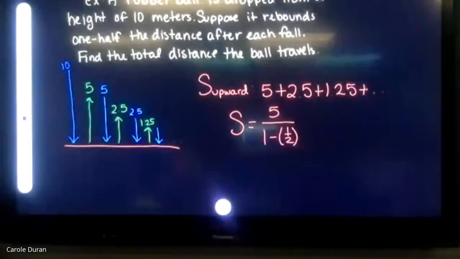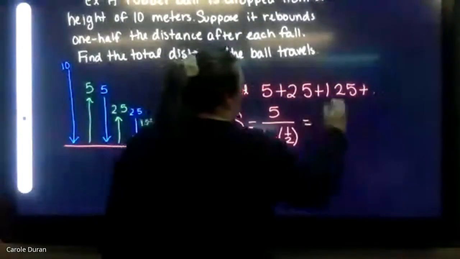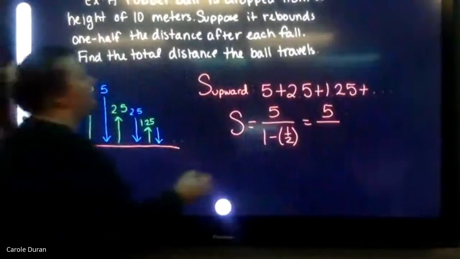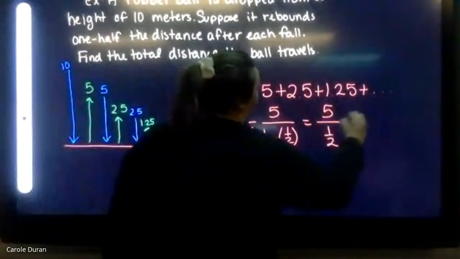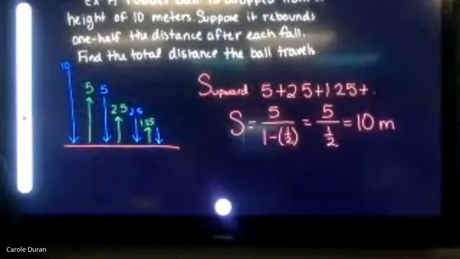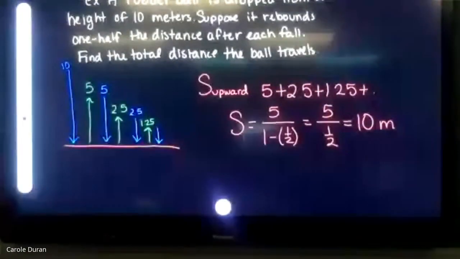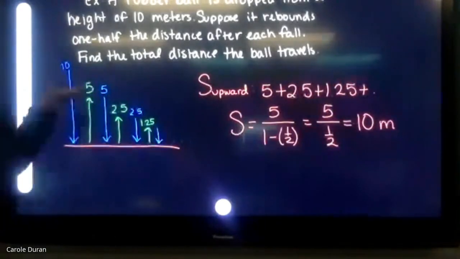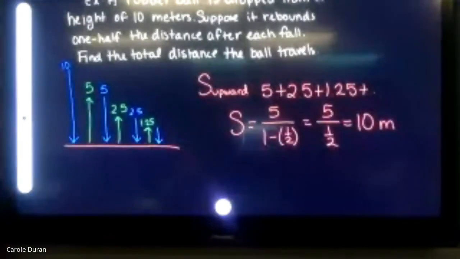So then I just simplify this. 5 stays 5. 1 minus 1/2 is 1/2. We get a fraction in the denominator that we flip and multiply into the top, and it becomes 10 over 1, or just 10. I will go ahead and put a unit with this because I know that it's in meters. So that means in total, on all of the upward bounces, my ball traveled a total of 10 meters.